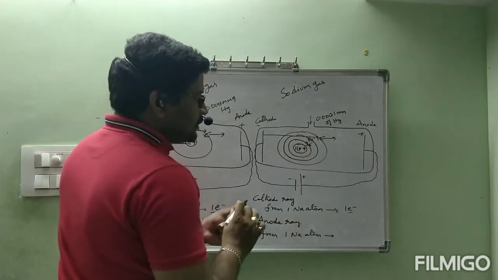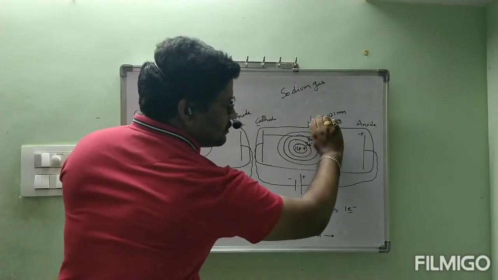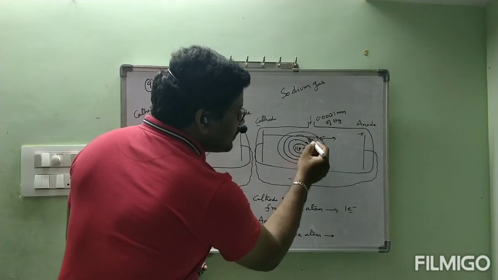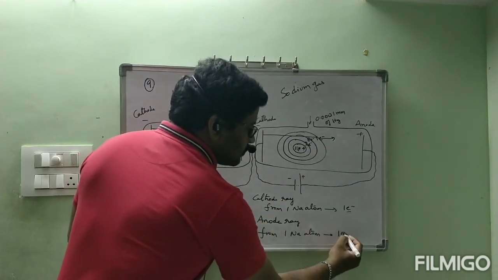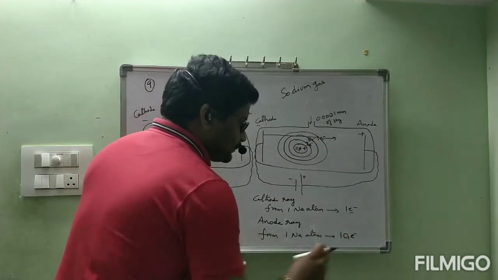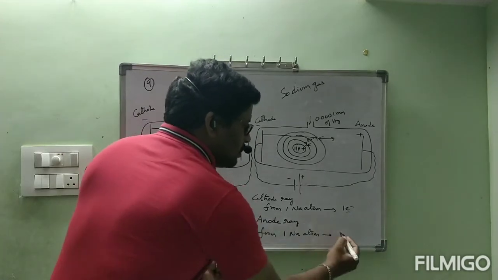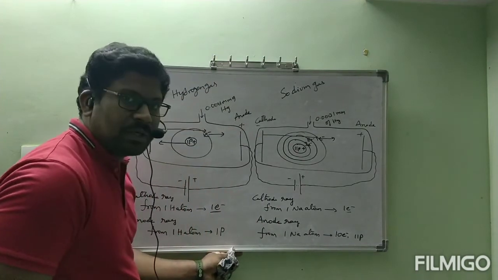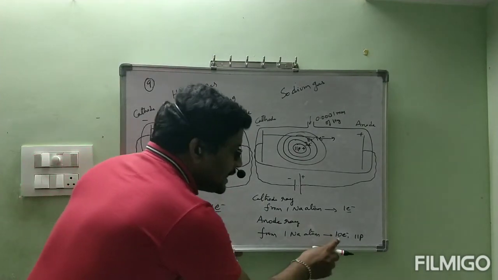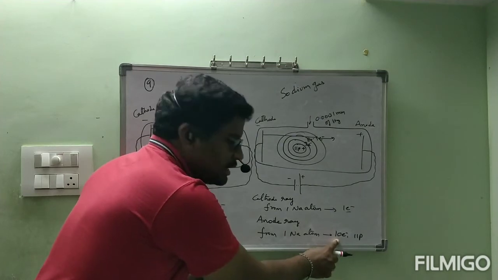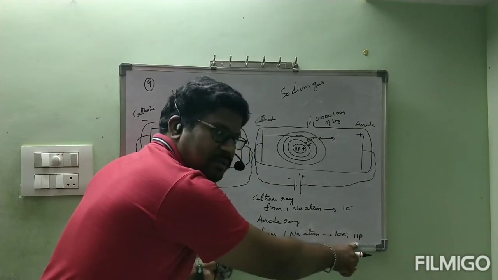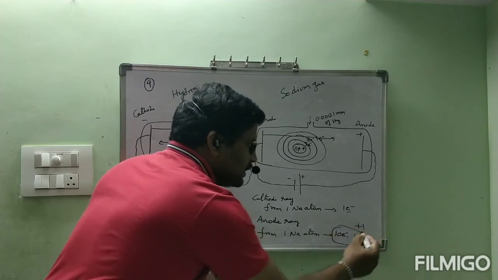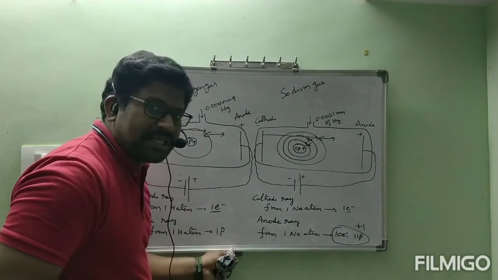The remaining part, after the removal of this one electron, contains 10 electrons and 11 protons. 10 electrons have charge minus 10, 11 protons have charge plus 11. Total it is plus 1 only.